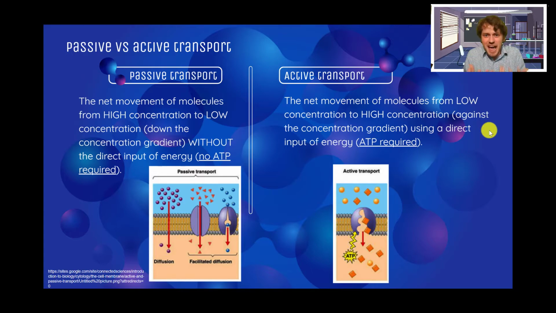We don't just have that happen. And so we have to put in energy to make that happen. So that means that the cell is going to have to use ATP. Okay, so passive transport, no energy, no ATP needed. Active transport, energy needed, ATP is needed.